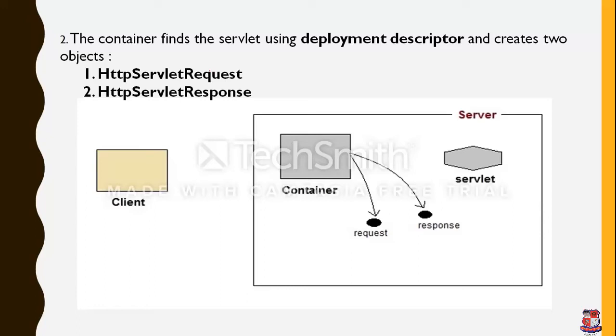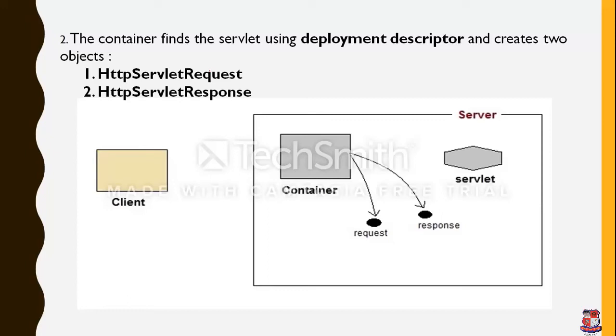In our next lecture, I will teach you about the web.xml file. Now, this container using web.xml or deployment descriptor creates two objects, that is HTTP servlet request and HTTP servlet response.